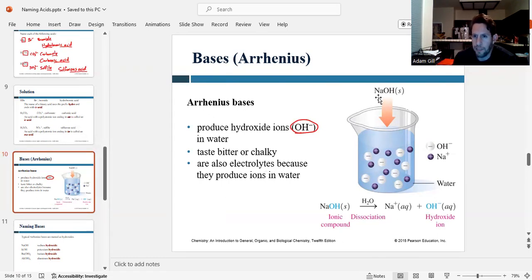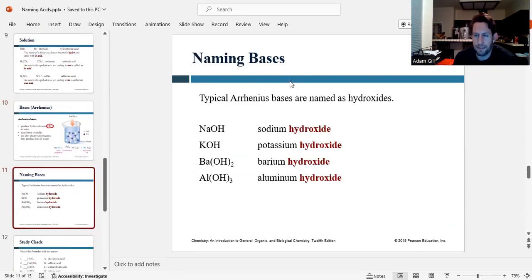So an example of a base would be sodium hydroxide. When you mix it in water, it dissociates to give sodium and hydroxide. So because it gives off OH minus, it's a base. And for naming bases, you basically just name the metal followed by hydroxide. So sodium hydroxide, potassium hydroxide, barium hydroxide, aluminum hydroxide.